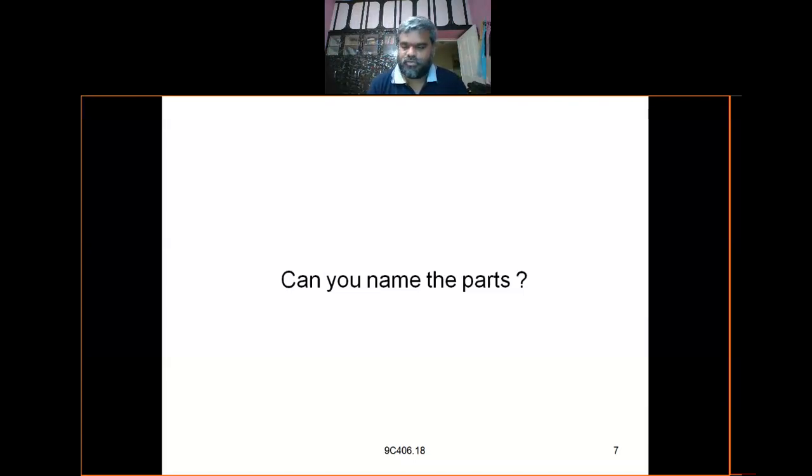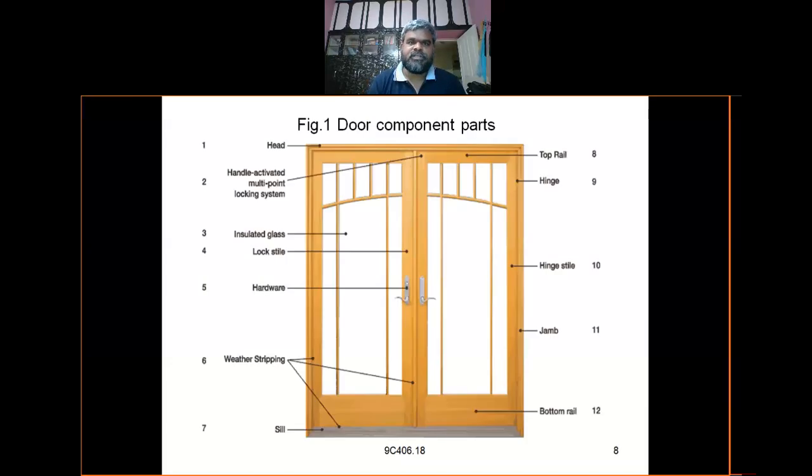If you take a door, there are different parts. These are the component parts of a door. This is called the head. The extension of the door frame is the horns. Then handle, multi-point locking system, insulated glass door, lock style, hardware, weather stripping.